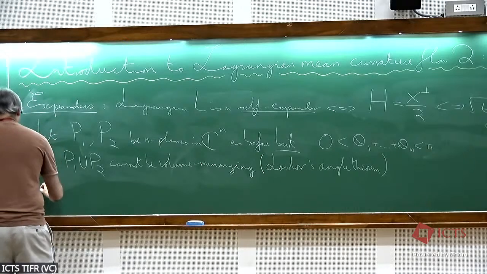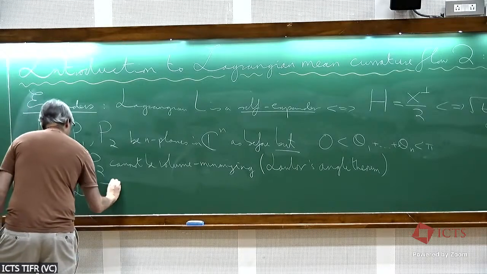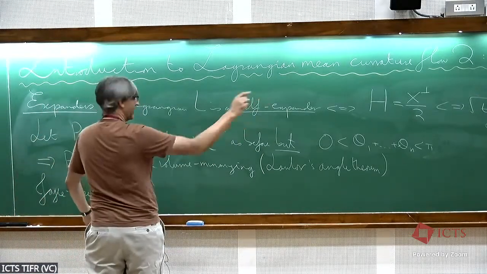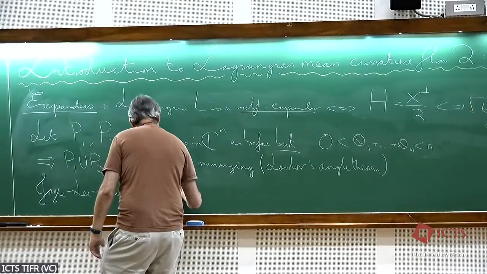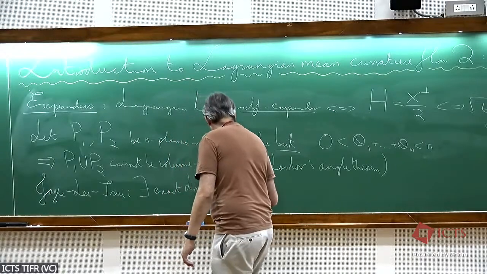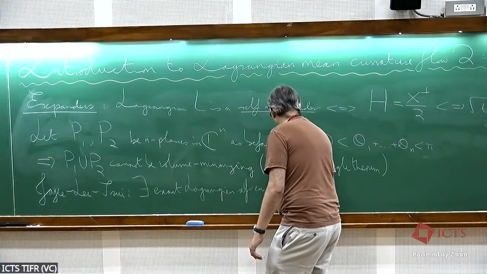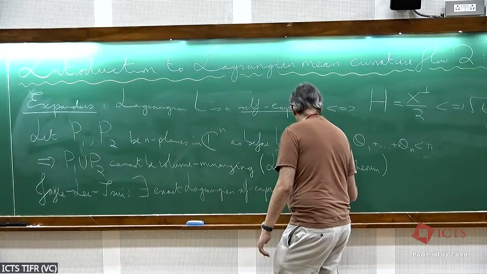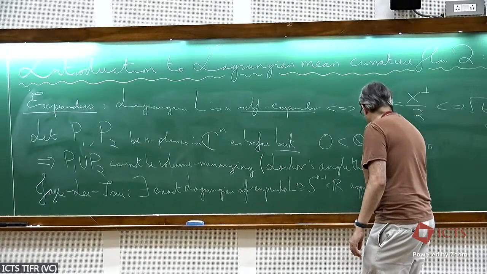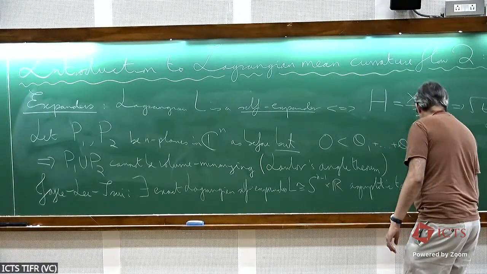So this was proved by Joyce, Lee, and Tsui, which said that there exist, it's going to look very similar to the statement I had about Lawlor necks, there exist exact Lagrangian self-expanders L with the same topology asymptotic to P1 union P2.